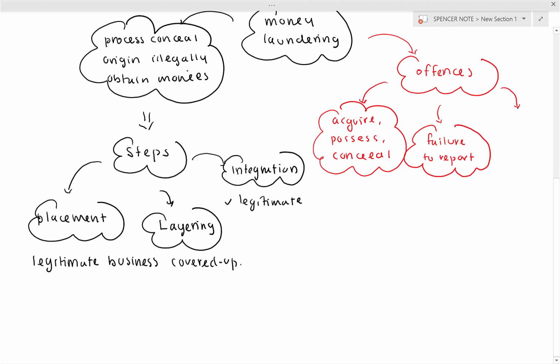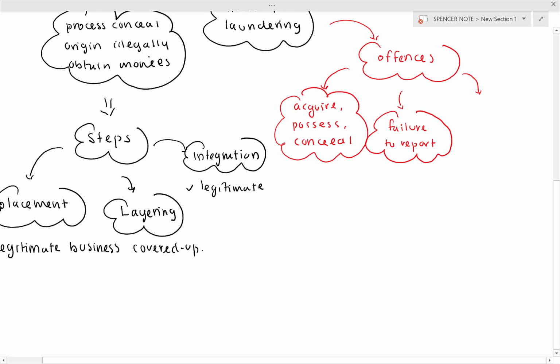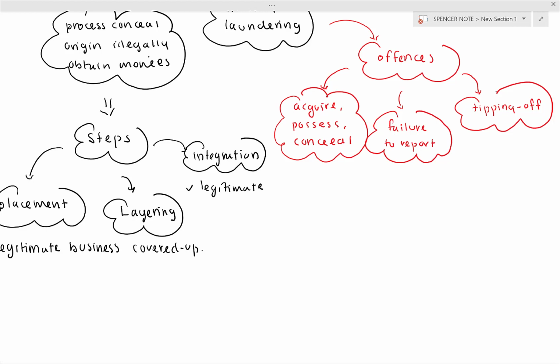And finally, the third offense that an auditor or an accountant is exposed to during their course of work is tipping off. An auditor must avoid tipping off a client about their report on the suspicion of money laundering.